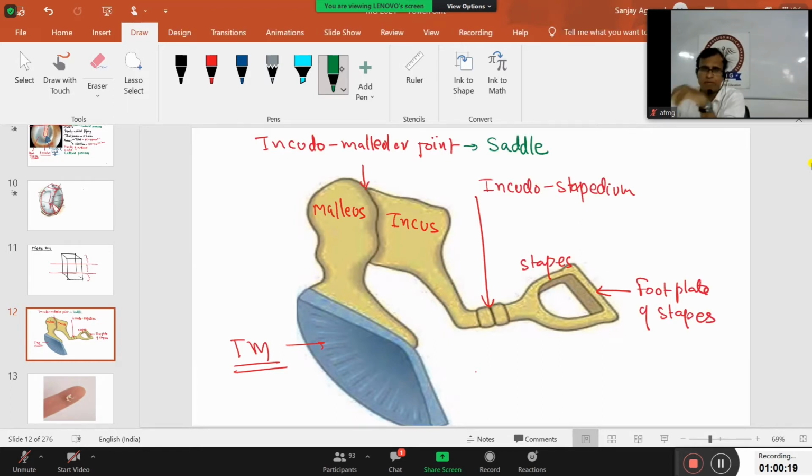The saddle type of joint. And what type of joint is the incudo-stapedial joint? It's called ball and socket. And this is extremely important in MCQ. This ball and socket is an extremely important question. So please remember this.